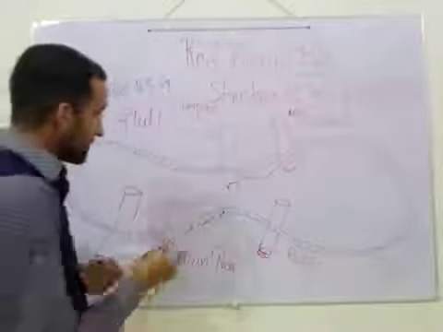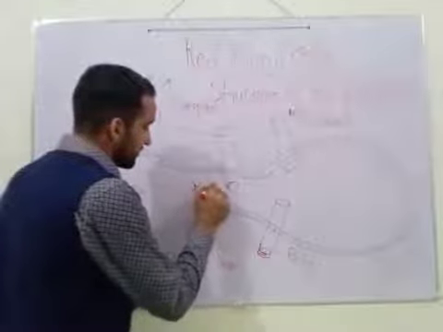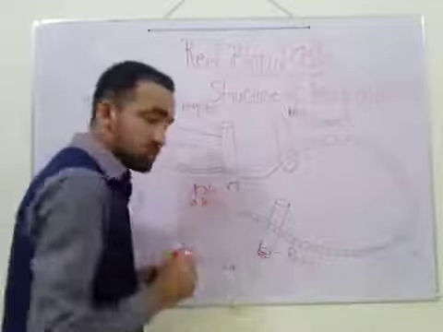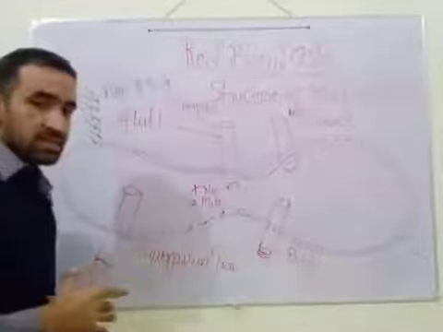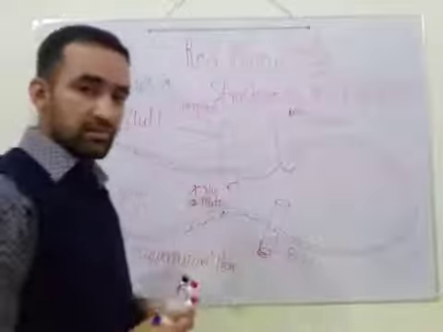And we know that there is no nucleus, no mitochondria. So the cytoskeleton, the main skeleton of the red blood cell, is made up by different types of protein.